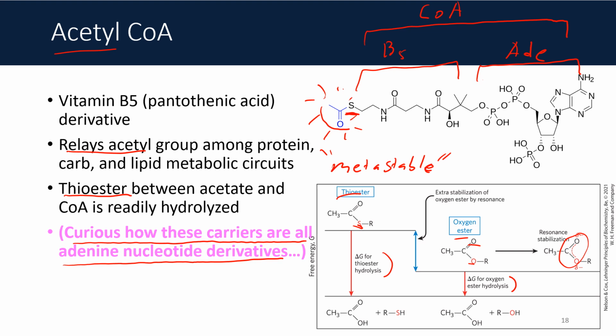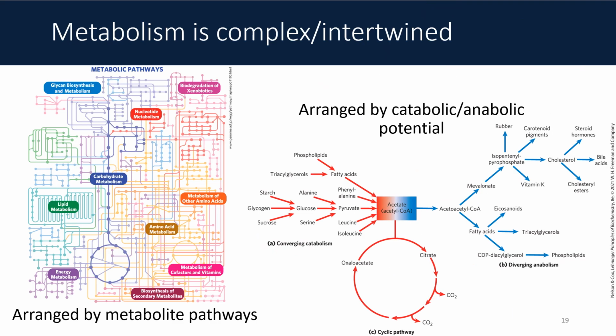It's not by accident. In this slide, I'm going to show some very, very simplified metabolic maps. Metabolism is complex and it is intertwined. Biology, for example, makes and breaks amino acids, carbs, lipids, nucleotides, and even less standard compounds like xenobiotics and foreign drugs.